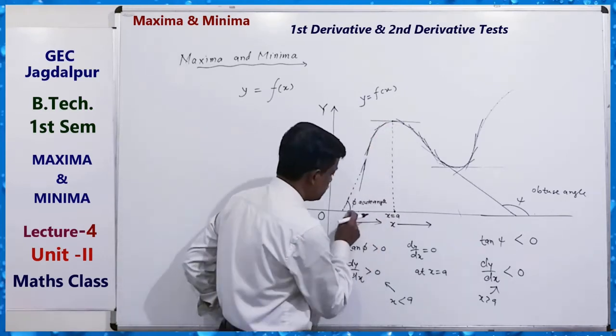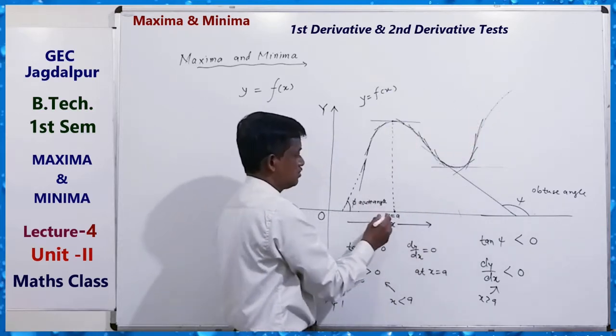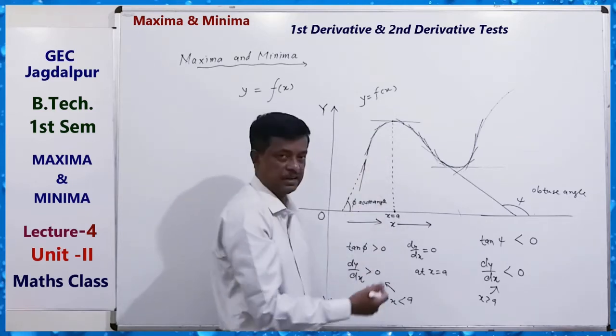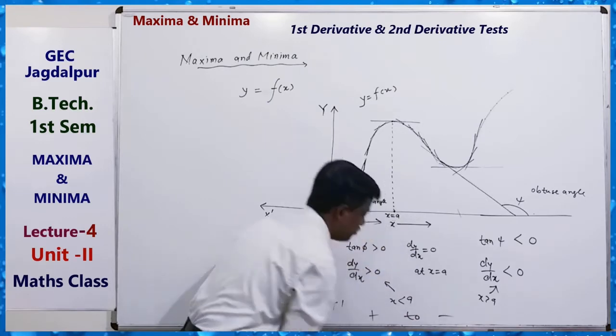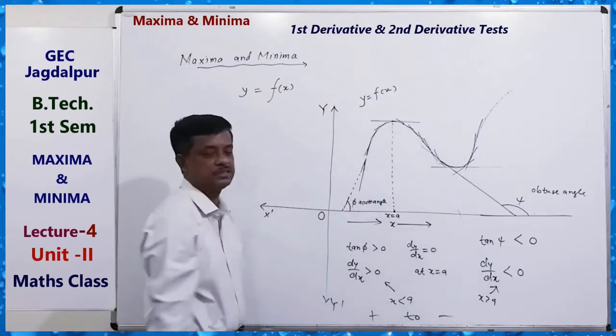X increases from this to this in this direction. So when x passes through the point a, the derivative changes sign from positive to negative, and at the point a this function is stable.